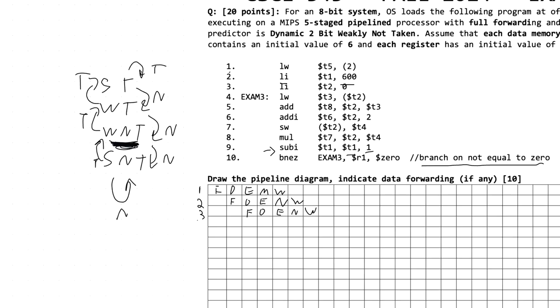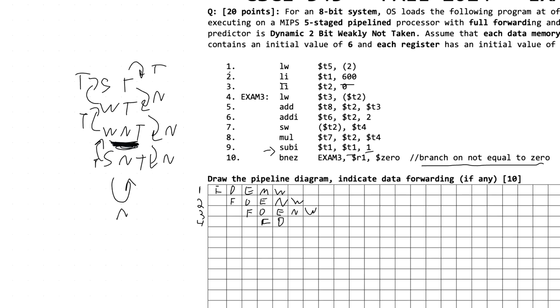All right, so now we have instruction 4, right? This is where our loop begins. So this is saying now load word. This is going to be another load word. So we're going to start out fetching over here, decoding. But whenever I go through decode, I want to also check for dependencies because decode also decodes the dependencies. This is going to tell me if any of the arguments are being used somewhere else within this program.